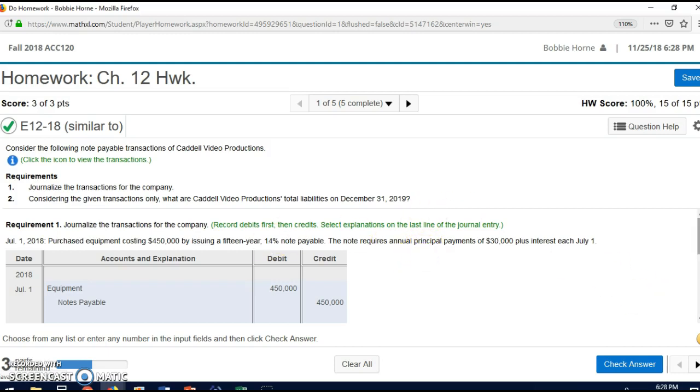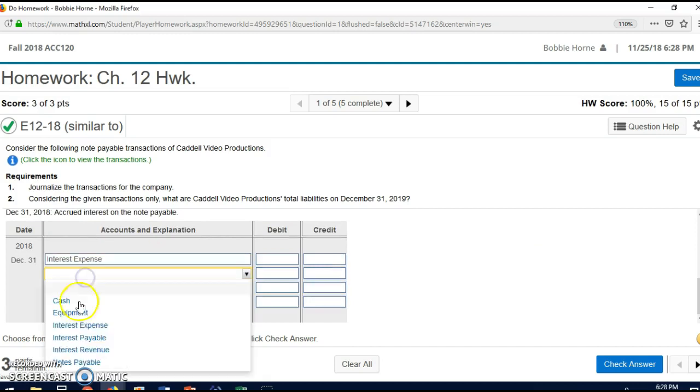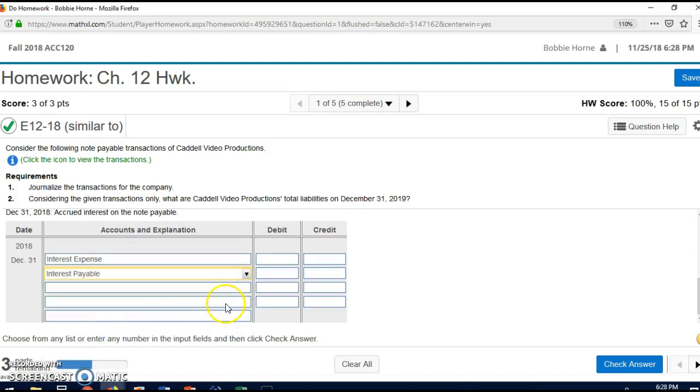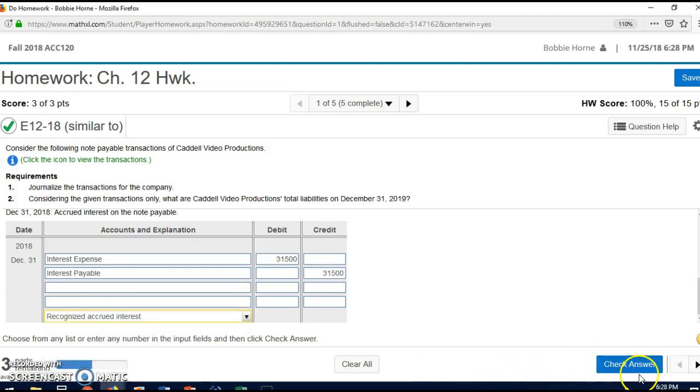So when you do that, your interest is going to be $31,500, and we're only accruing it. We're not paying it yet. So this is to recognize the interest.